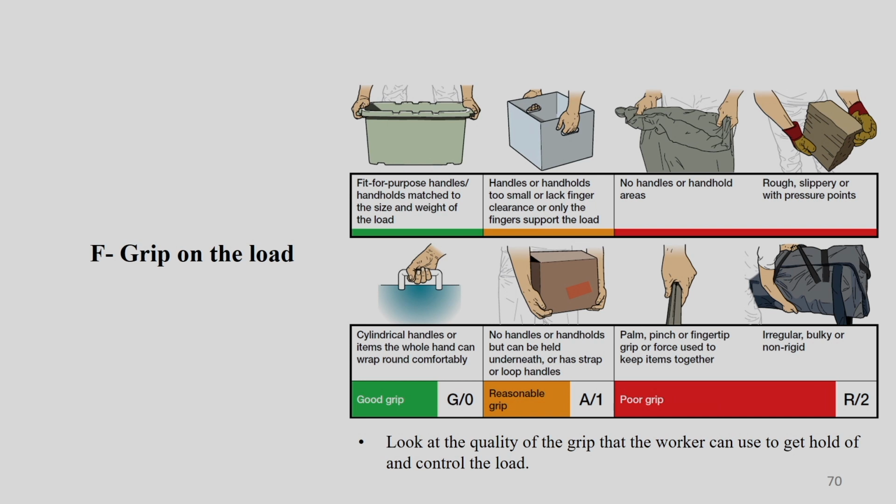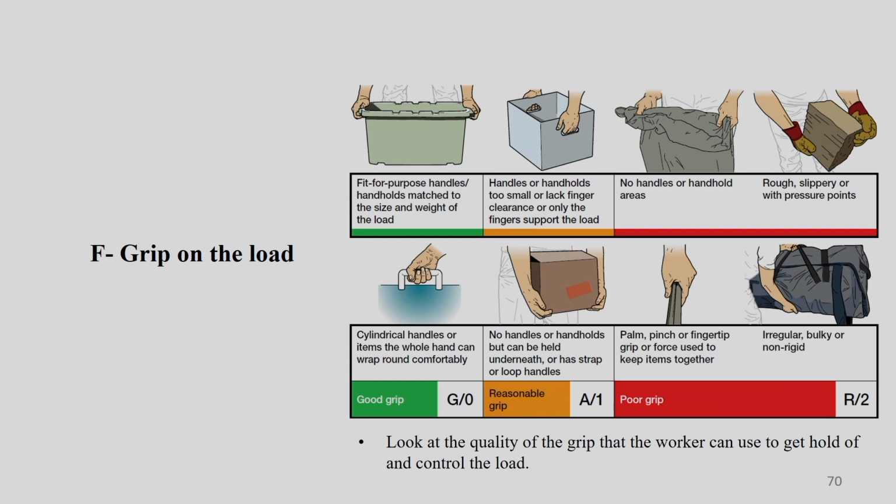Now coming to the next part, that is amber. We have a definition, we can find similarities, and we can put it in this particular category: handles or handholds too small. The earlier one was actually perfect.